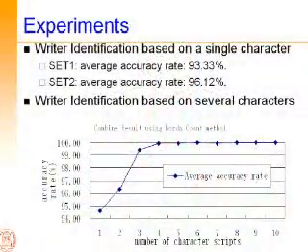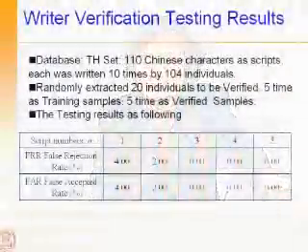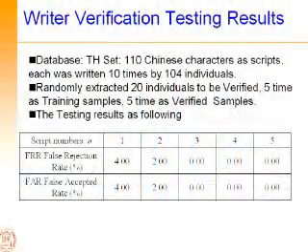But here, identification or verification is for regular writing, not writing similar to yours. More characters make the recognition rate much higher, and more characters make the verification error much lower.